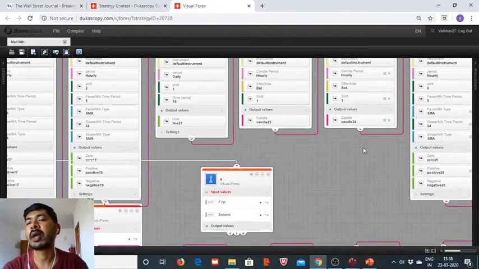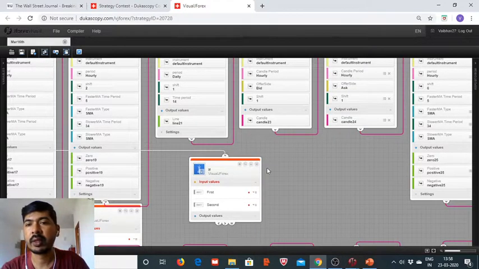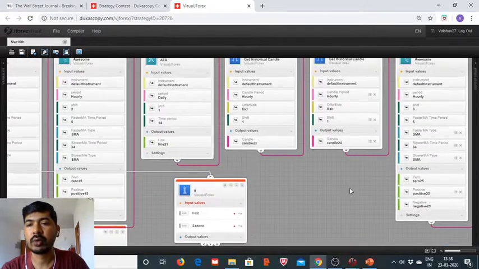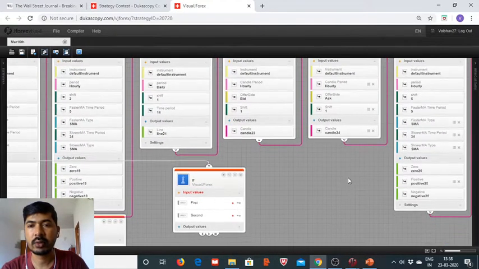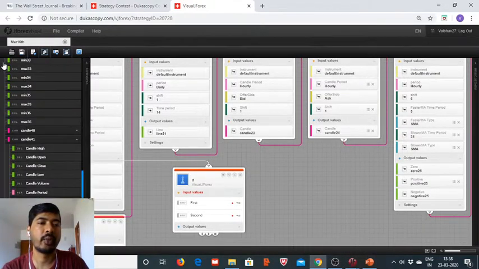So the candle close should be less than the candle open, and here we are going to use the ask values, and we will be comparing the candle 24's closing and the opening values.